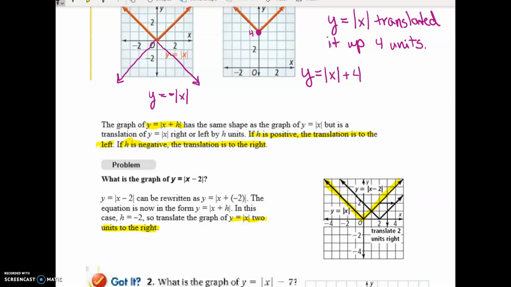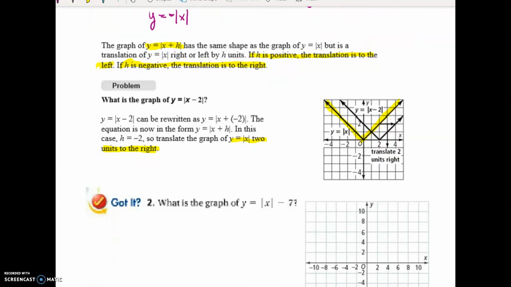And it's always the opposite of what you want to do, because it's absolute value. It has to be different. So if h is positive inside those bars, then you actually are going to be translating to the left. If h is negative, then you're going to the right. So just be aware that it's the opposite of what we want to do.